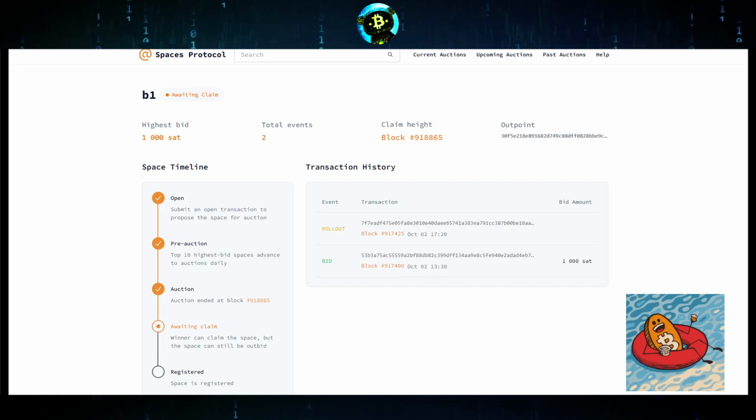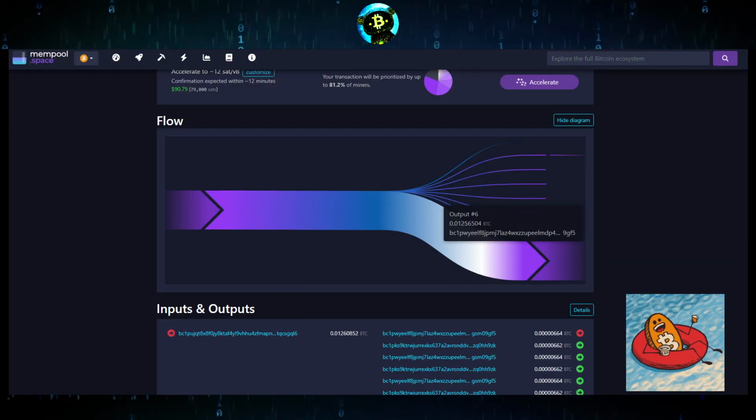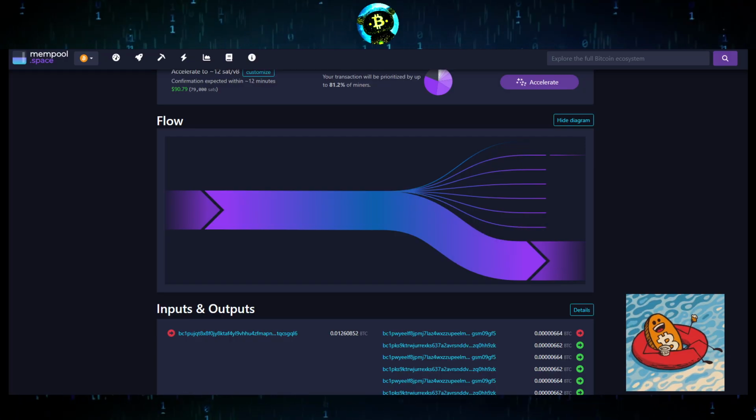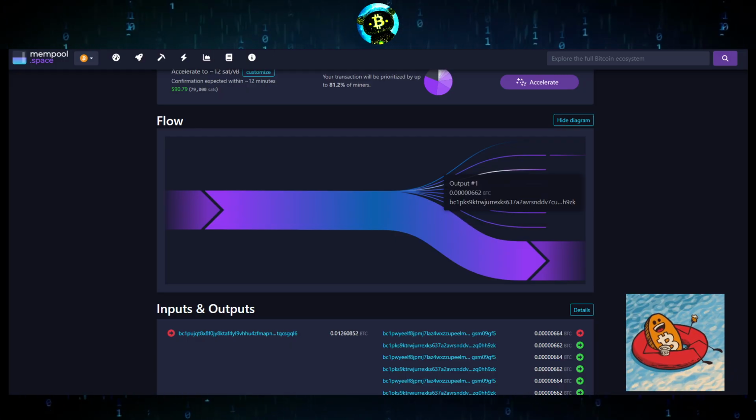So B1, you refill the guy, whoever bids on this or created the bid. This was like an open bid, 1,000 Satoshis. It rolled out. And then when you do a bid on top of that 1,000, I thought the 1,000 goes back to the previous bidder. But I don't see an output with 1,000 Satoshis.